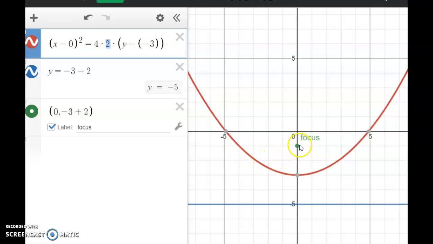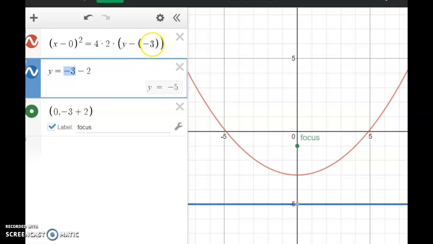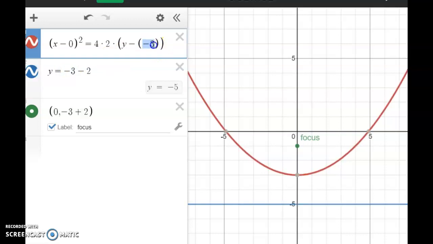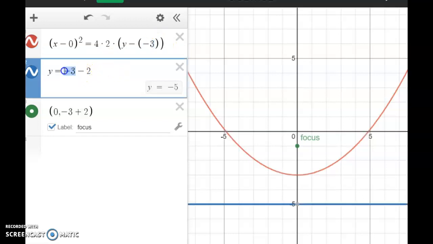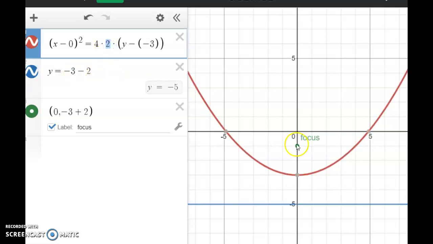I don't know if I can click on this, maybe not. It's labeled. And then the directrix is that negative 3 from over here. It's good that I rewrote y plus 3 as y minus negative 3 because it's easier to see. So that's the k over here, negative 3, and then there's a minus the p, so minus 2, which gets me down to negative 5, and the directrix is here.